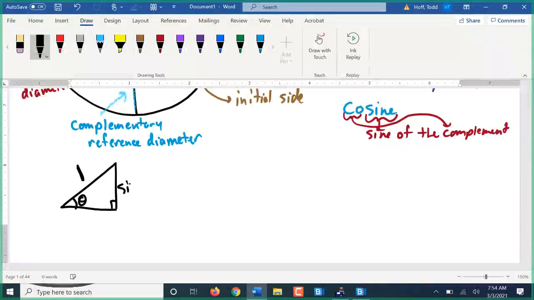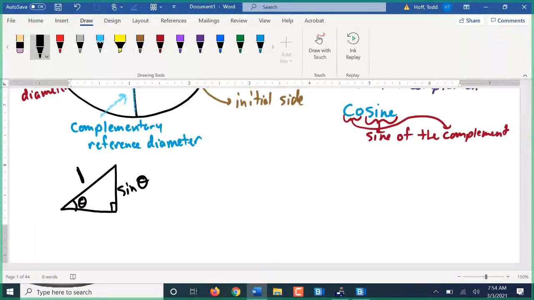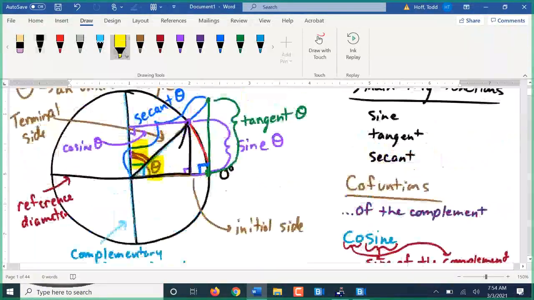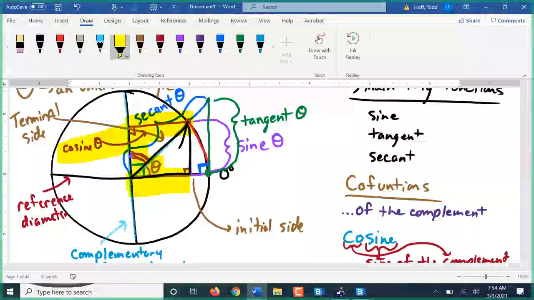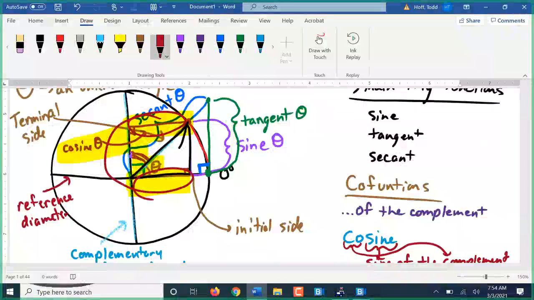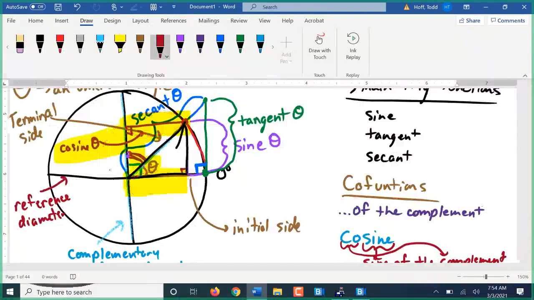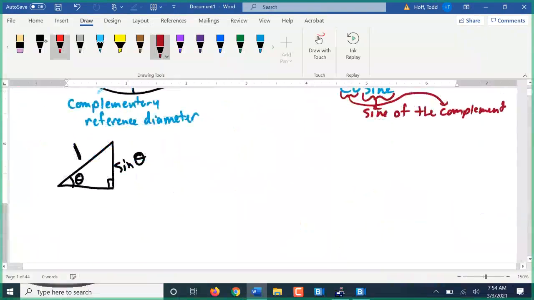This side right here was the sine of angle theta. This side down here, this whole side, we said was the cosine of theta, right? This up here really is the cosine of theta, but that's the same length as this piece down here. Cosine of theta.